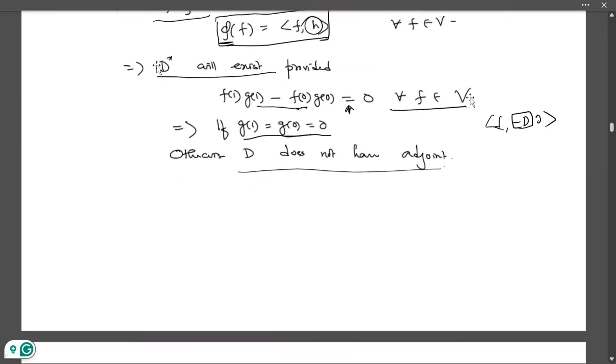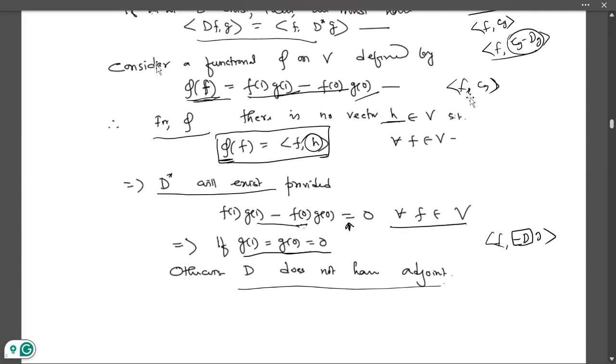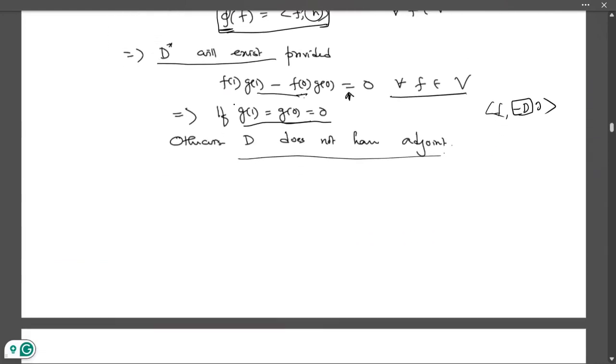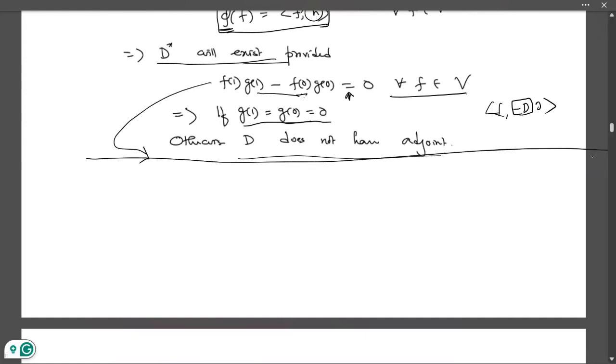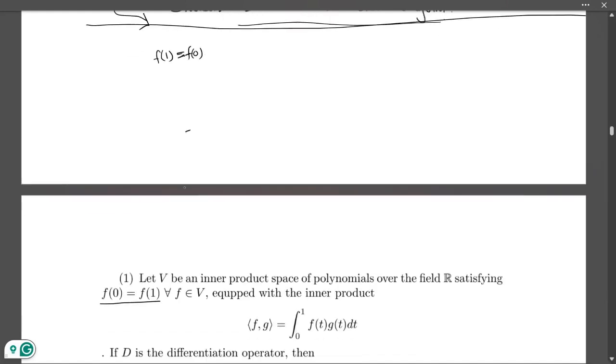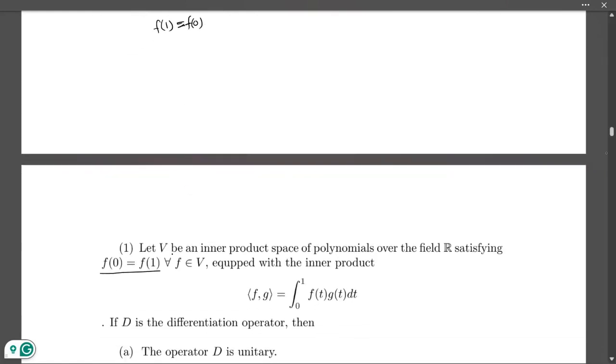So if you see here, in this case, from this line, t star will exist provided this condition holds. Coming to our problem, we have f of 1 equal to f of 0 for every f. Our vector space is defined like this, the space of polynomials with this condition.